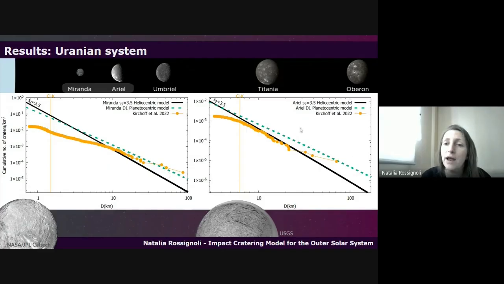In the case of Ariel, we produce with the planetocentric model an overestimation, which is expected if you analyze the images of the surface of Ariel, given that it is believed to have been resurfaced in a global scale. So those were good news as well.